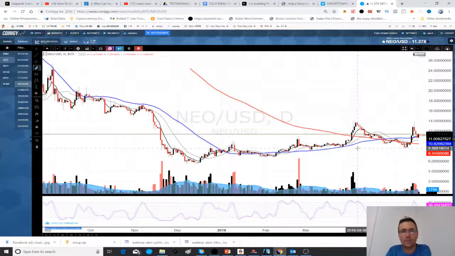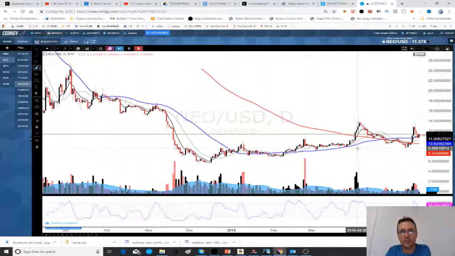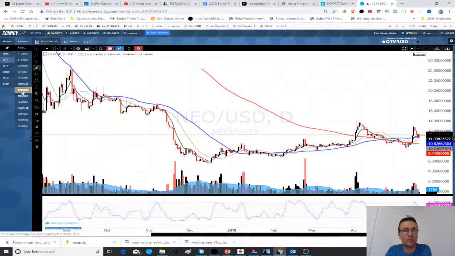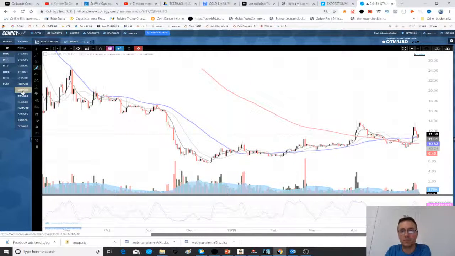If I was looking at buying Neo, I'd be a little bit hesitant about this, simply because the chart just looks okay. There are a lot better deals out there. Dom and I were talking about it the other day, saying, should we get Neo? We looked at it, and the general consensus was a no. It just doesn't look very good.